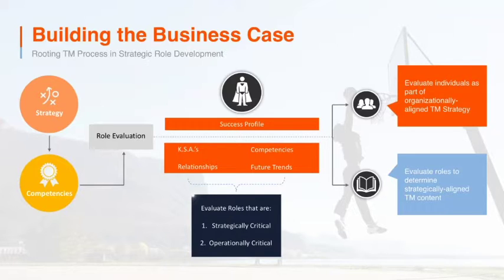What that also allows you to do as a talent management executive is it allows you to build out a development library that actually reflects the needs of the business. So once I have 50 roles that I've taken through and built success profiles on, then I can evaluate and say, 45 out of these 50 roles have to be able to craft a pro forma.